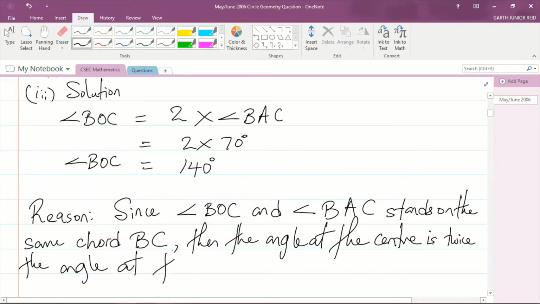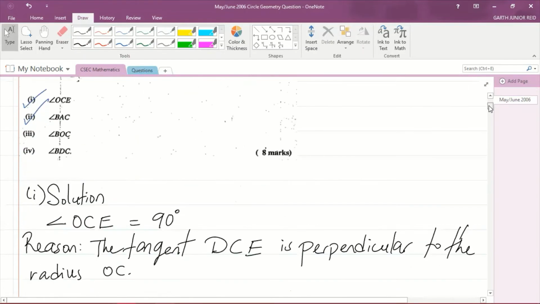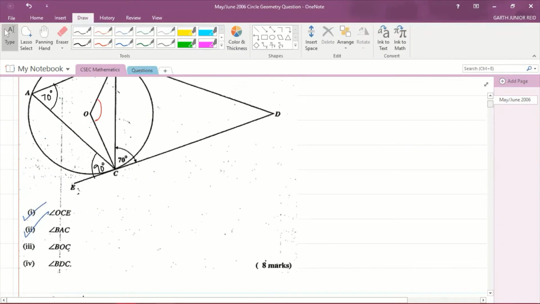So if you have two angles which stand on the same chord, then the angle at the center is 2 times the angle at the circumference, or twice the angle at the circumference. Great. So we're now finished with part 3. That was the angle BOC.